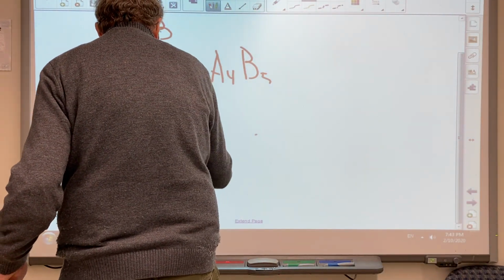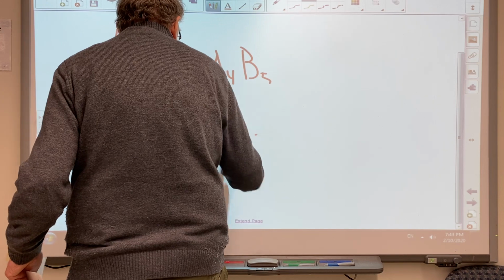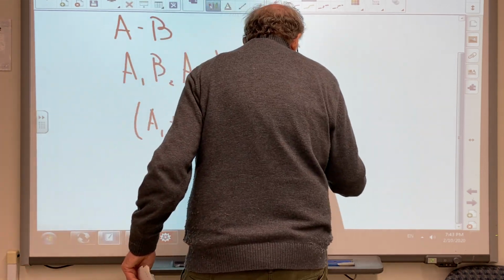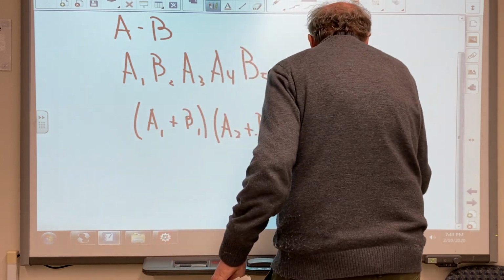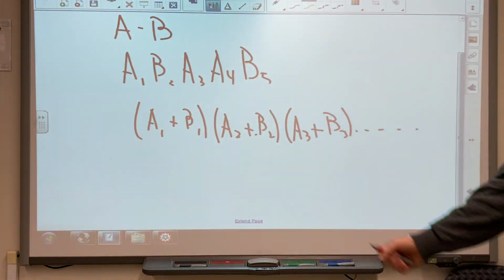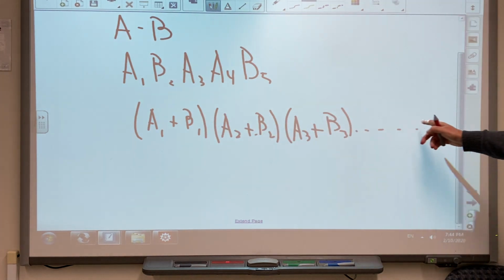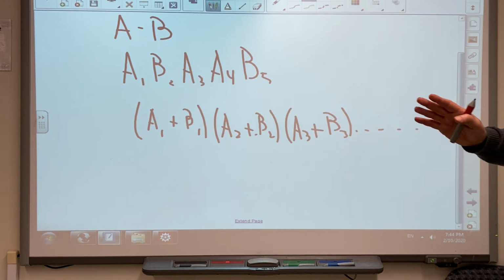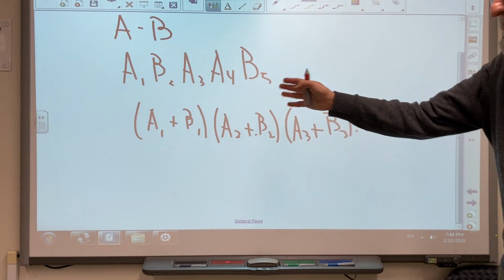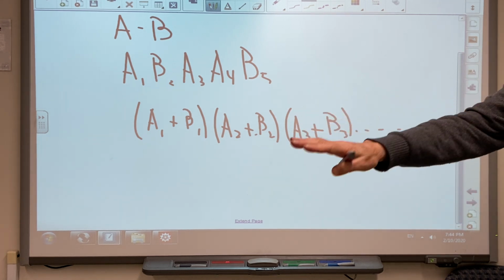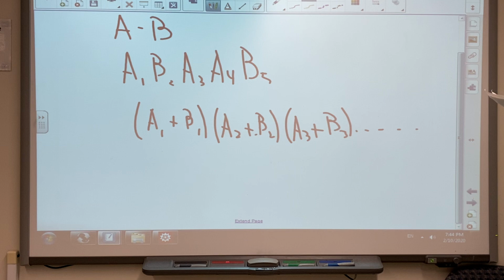By writing (A1 plus B1) times (A2 plus B2) times (A3 plus B3), etc. If I have capital N terms and I open the product, I will get 2 to the n terms. One will be A, B, A, and the other will be A, B, B, B, A, and so on. And we'll have all the terms. So exactly as before.